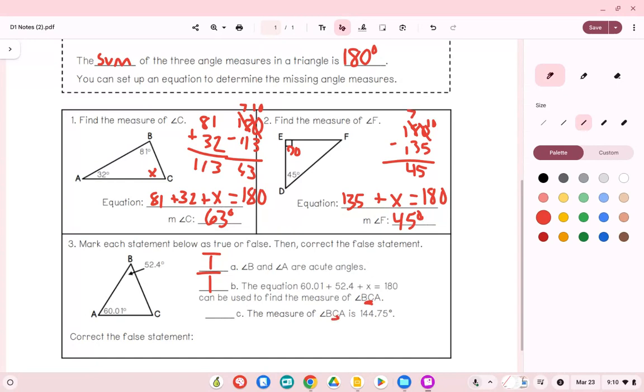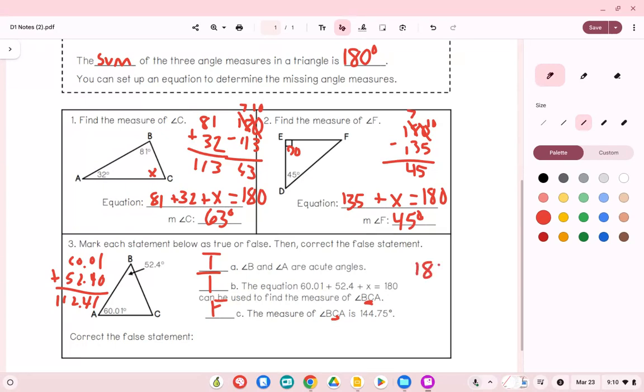All right, so this says the measure of angle BCA, or just the measure of angle C, is 144.75. That must be false, but we need to correct it. So let's see where they messed up. So step 1 would be to add the two angle measures, 60.01 plus 52.4, 112.41, I think, unless I can't even read my own handwriting. So if I'm wrong, don't worry about it.